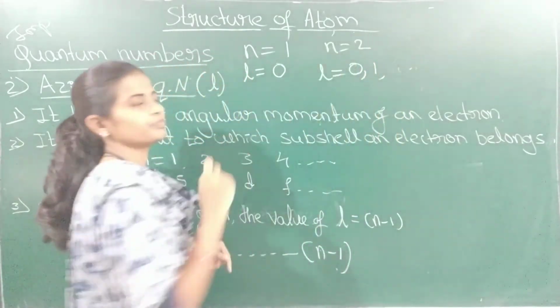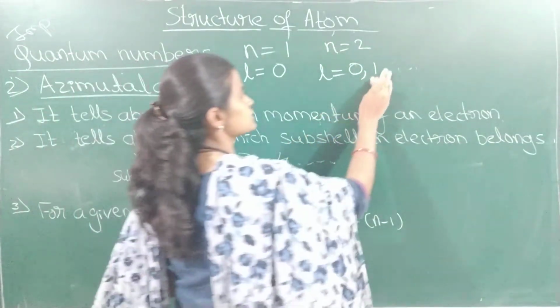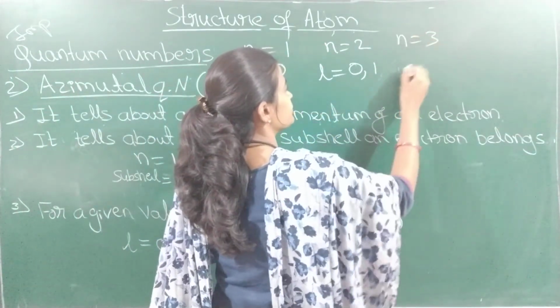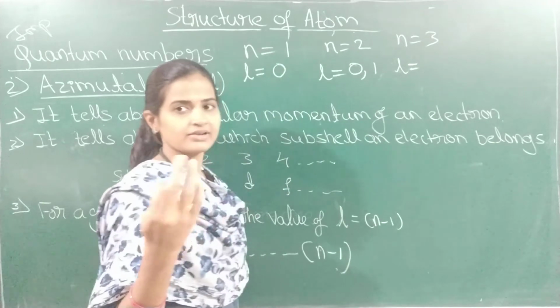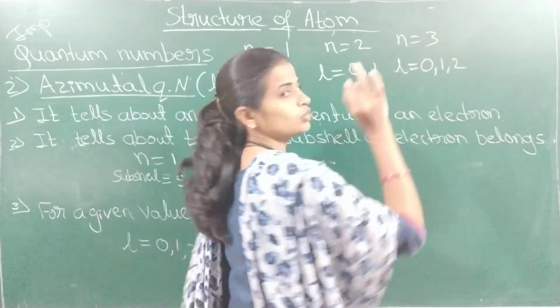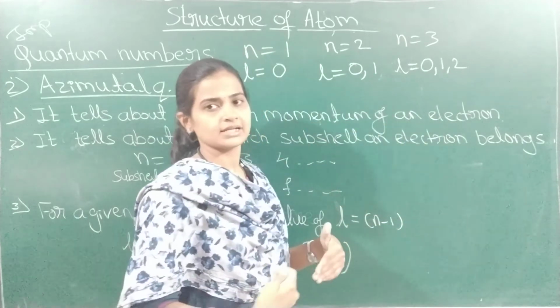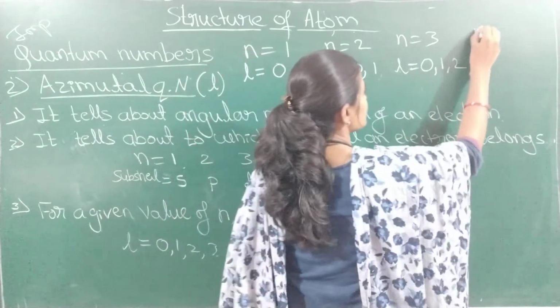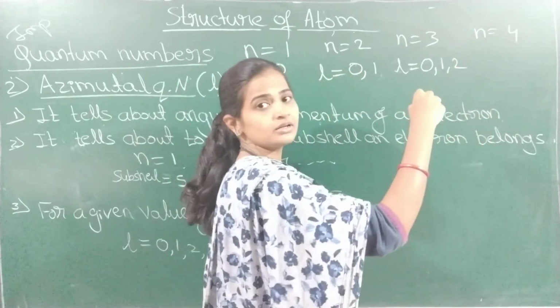The n value is 2, right? Next, the n value is 3. You can tell what are the values of l? 0, 1, 2. Only up to 2. l should be lesser than the value of n. n is equal to 4. Can you see here?